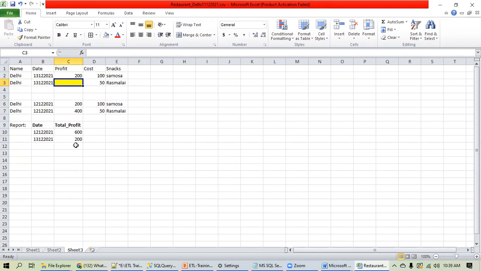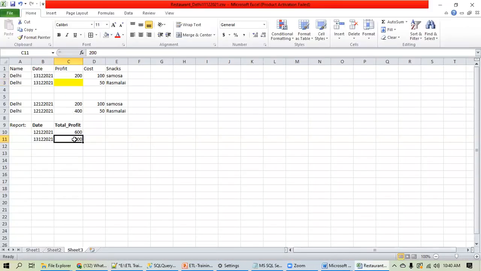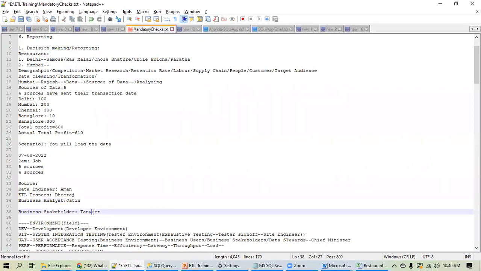Jatin drafted an email to Tanvir, the business stakeholder: Tanvir, we got the reason for this decrease. This is not the actual decrease; in the Rasmalai section, the profit number was missed by the source team.